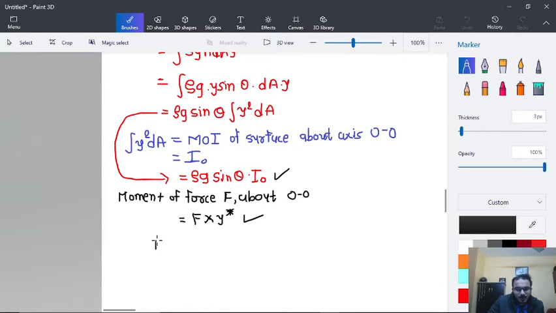So F into y star is equal to rho g sin theta I0 will be there.